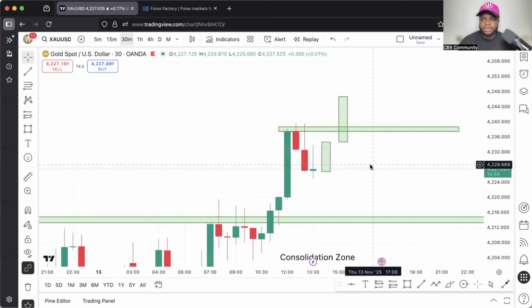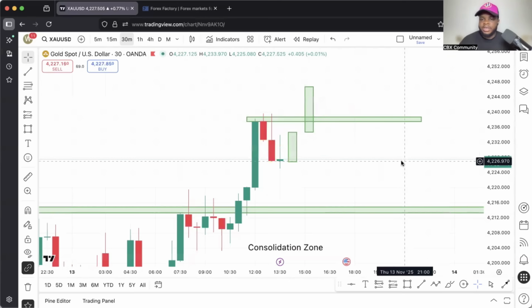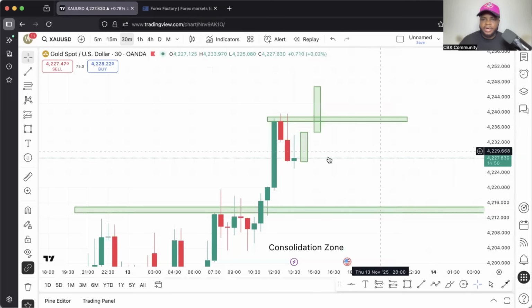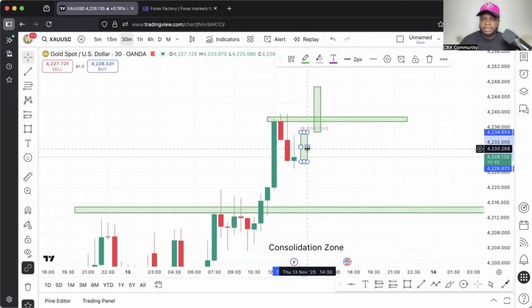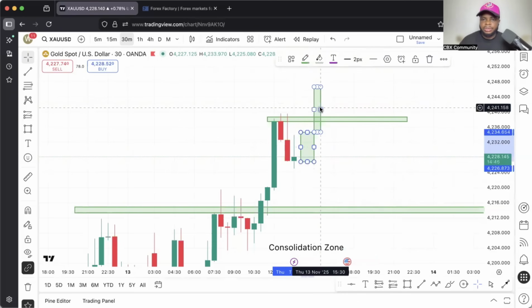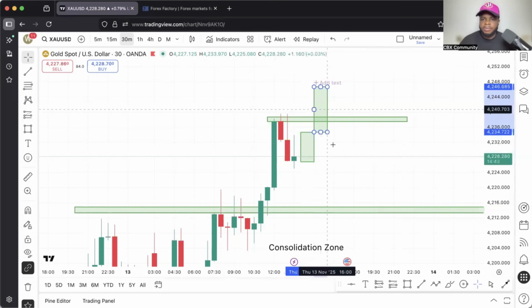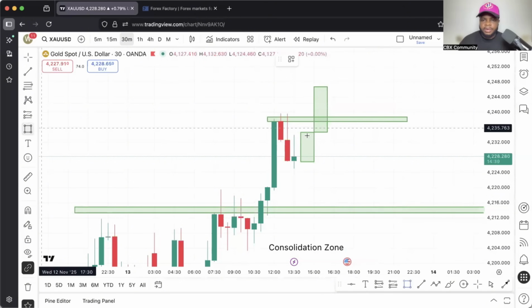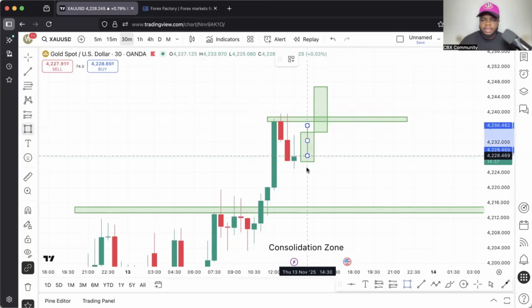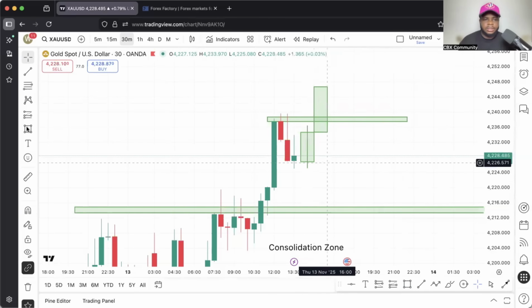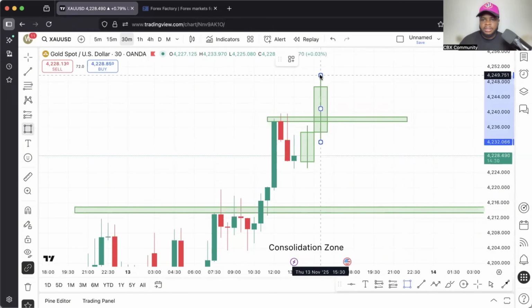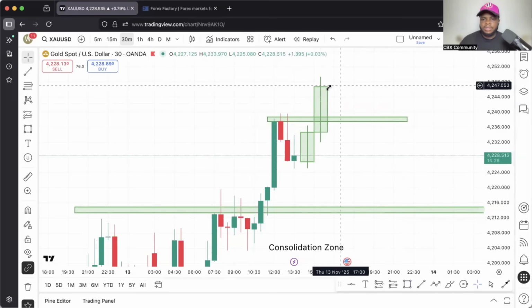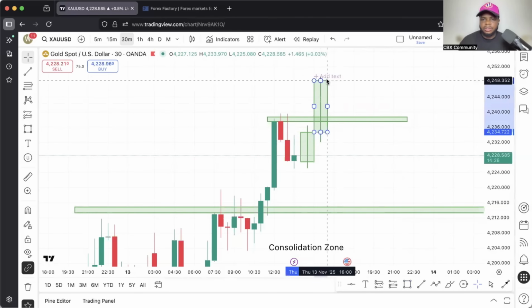So for now, let's just wait until we identify a structure before we decide to take a position. Let me just do this one so that everybody will understand. Let's put a wick over here. Let's also put a wick over here, and decide to still continue up.